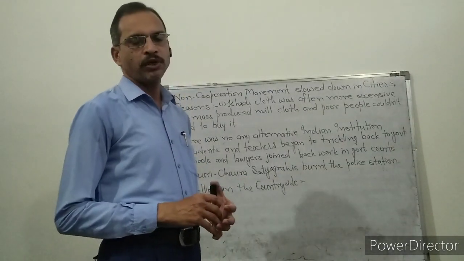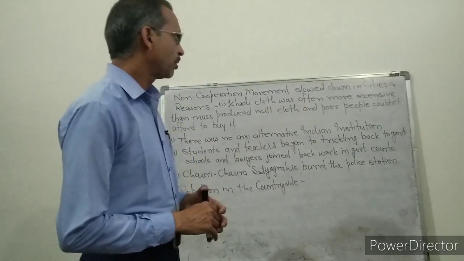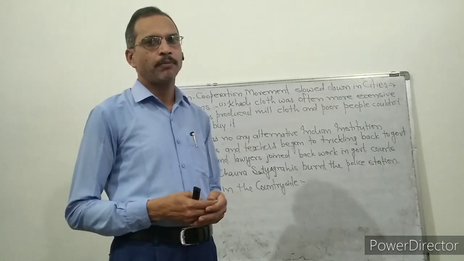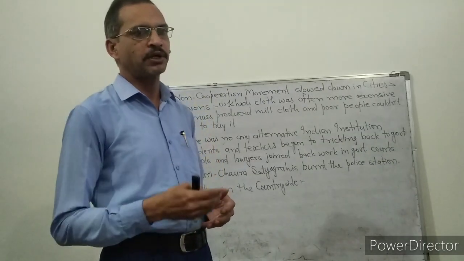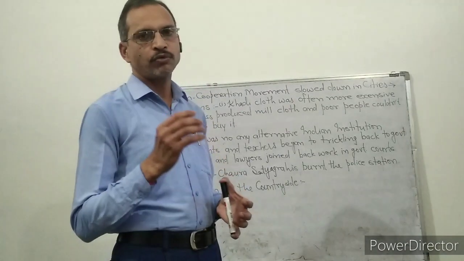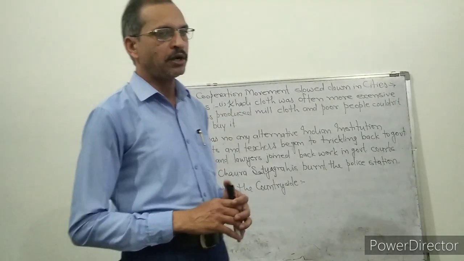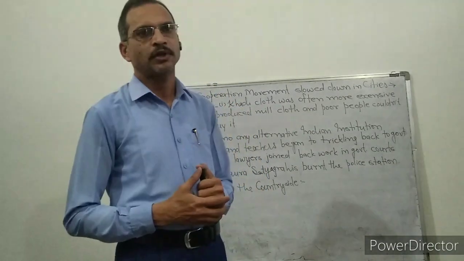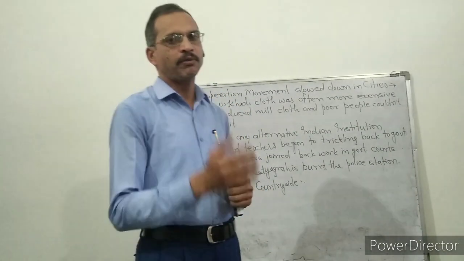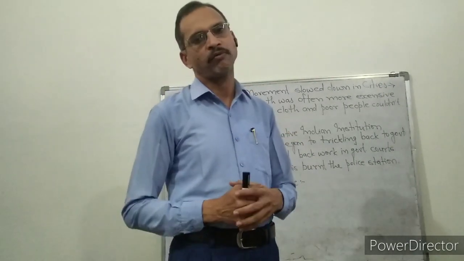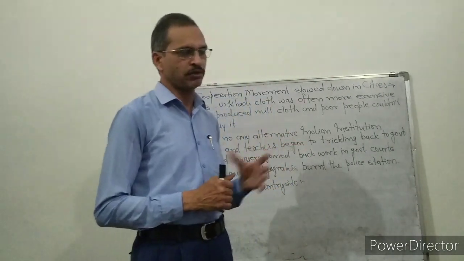Okay, so students, the non-cooperation movement was going very well. People boycotted foreign goods, clothes. Many people, teachers, headmasters, resigned from their posts, and it was going very well. Traders did not support foreign trade, etc. But after some time, the non-cooperation movement slowed down in cities.